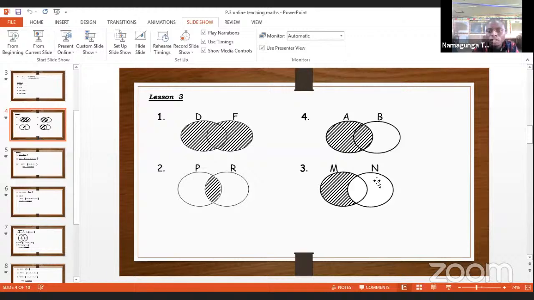We don't shade any part of set N. In our fourth exercise, they were talking about set A in set A and B. They have not told us to shade set A only. So here we shall shade the whole set A where it passes.